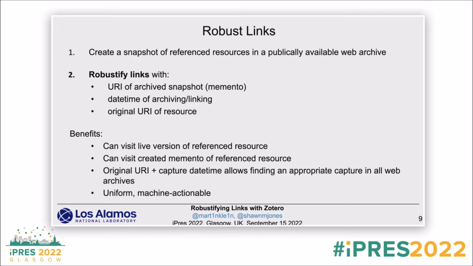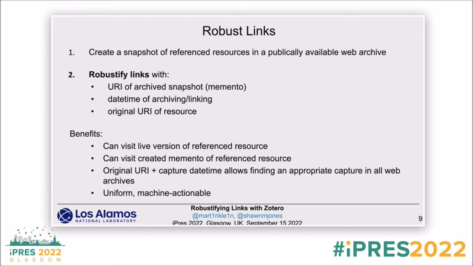With these three pieces of information, I can A, visit the live version of the resource on the web. B, in case that live version is gone or the content has changed significantly, I can still resort to the archival version and visit that resource in an archive.